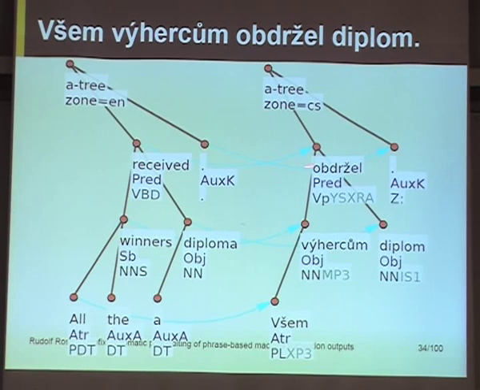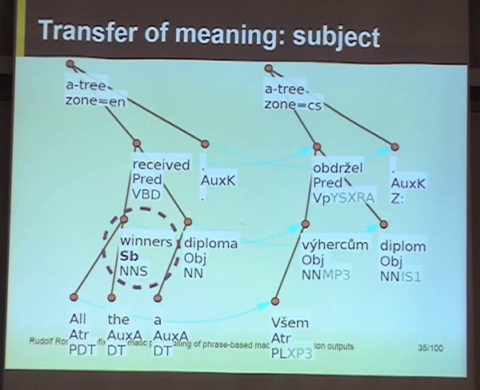These are the word alignment links, the blue arrows, and we can immediately see a lot of errors, so let's fix some of them. So, for example, we can see that winners are the subject in English. We have the analytical function here, so it's easy to see that it's the subject.